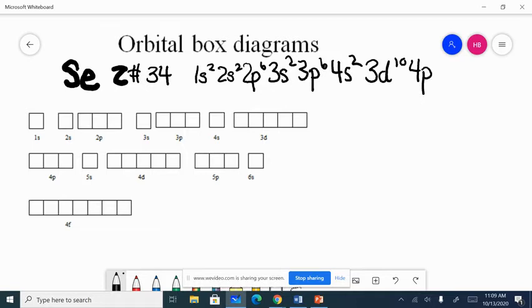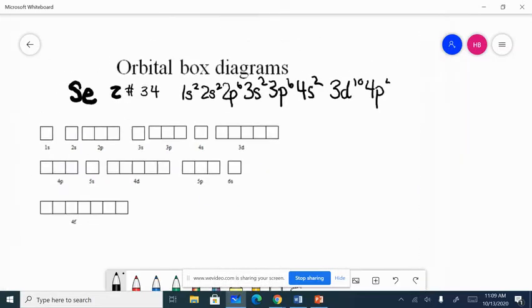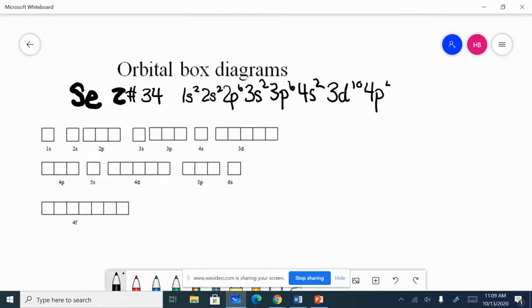And then I'll go to 4p, and that only has 4 electrons. So that's my complete electron configuration. Now remember, when we're doing abbreviated electron configuration, we go back to the previous noble gas or the previous full electron shell.